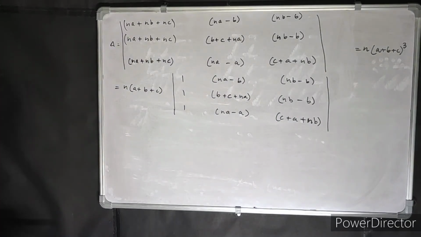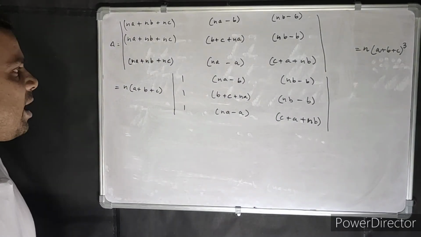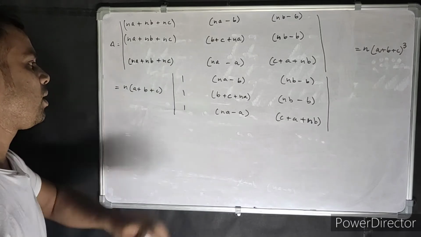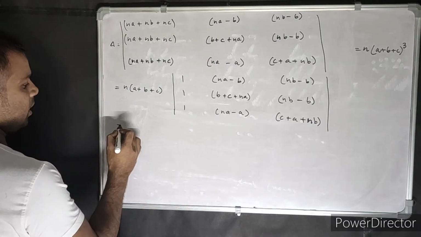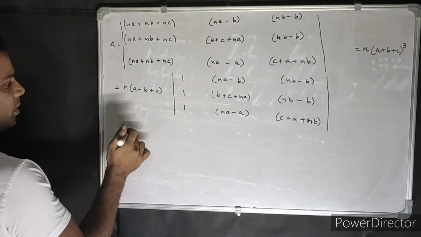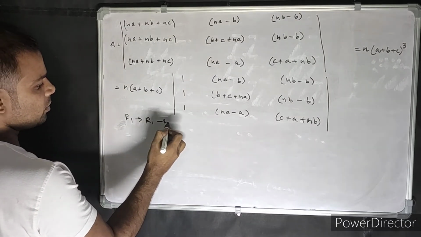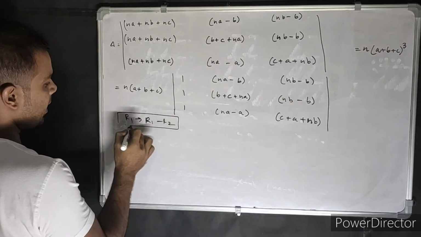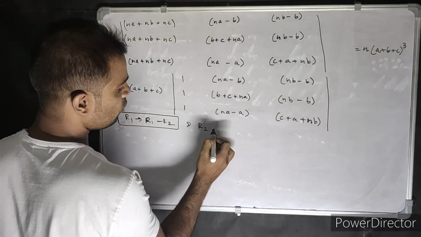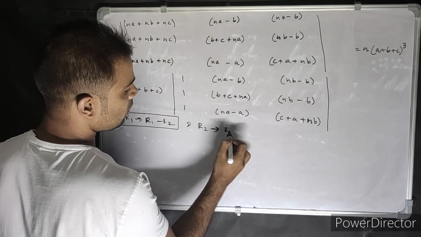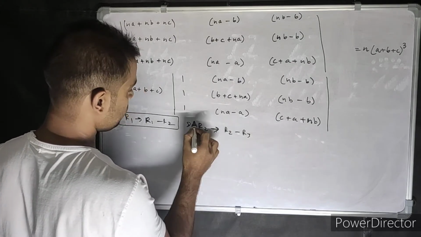There is the next step. Now after this, make it 0, and make it 0. So the next step is row 1 tends to row 1 minus row 2, and row 2 tends to row 2 minus row 3.